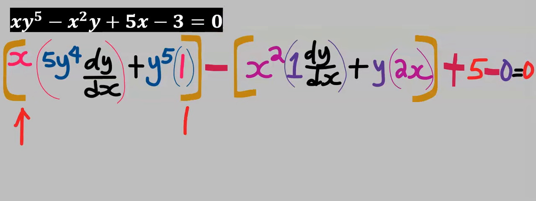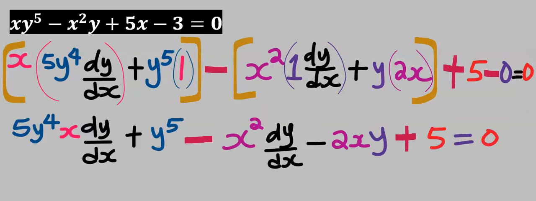Next, you open up the bracket. Beware of this negative. Minus multiply plus will give you minus.